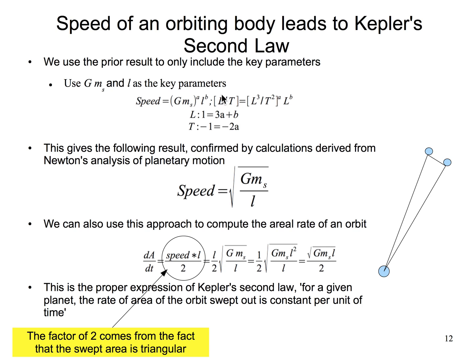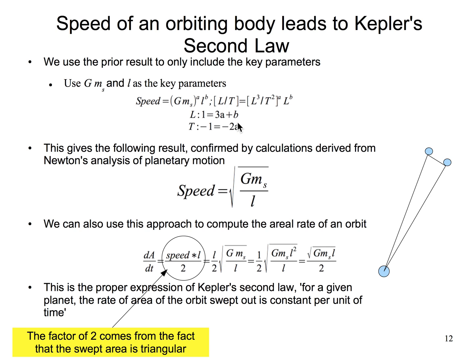So we have an L to the 1 here, and on the right side we have L cubed raised to the a power, that's 3a, and then we have b. So we have on the left 1 equals 3a plus b. For time, which is in the denominator on the left, we get minus 1 here for the power, and here we got minus 2a. So we have these two equations, and we have two unknowns.